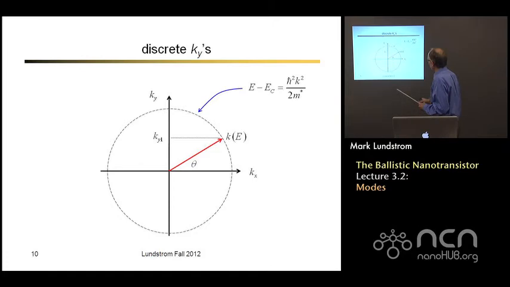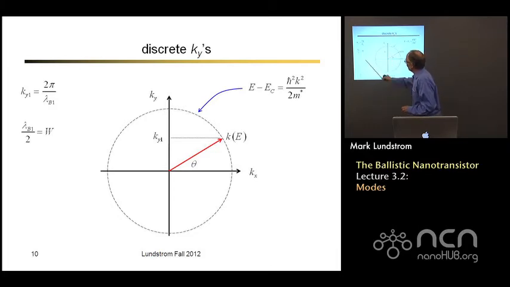If I have an electron that's propagating at some angle to the x direction, there will be some wave vector ky in the transverse direction. That gives me a wavelength in that direction of 2 pi over ky1, because I'm talking about the first ky. To satisfy the boundary condition, if a half wavelength is equal to W, I will have satisfied that boundary condition.